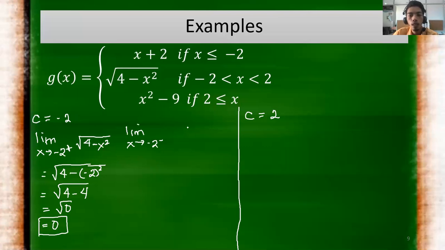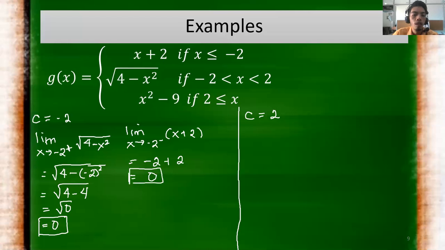So kung mapapansin natin dito, we have the condition at the first function x is less than negative 2. So we have to use x plus 2. So in this case, by substituting negative 2 by x, so you have negative 2 plus 2. Additive inverse siya. So it will become 0.